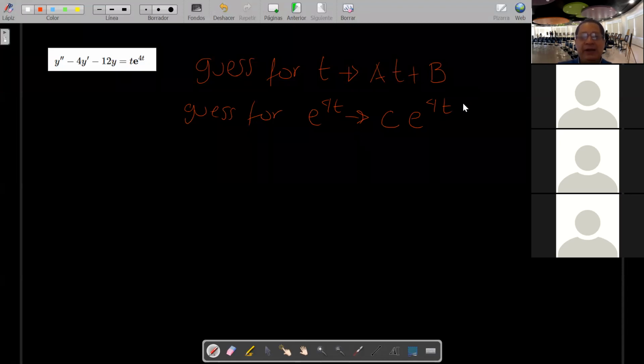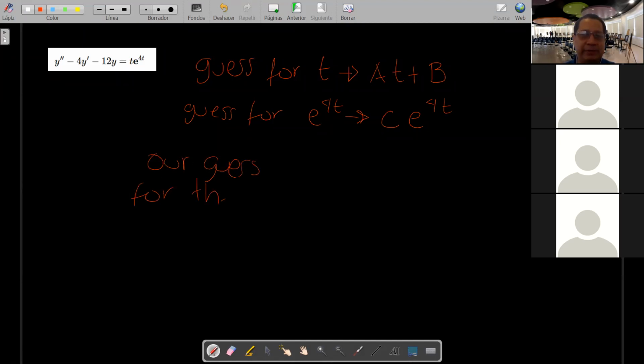So if we have a product of these two basic functions, we might think that the best guess we can do is a product of our guesses, right? So our guess for the product could be the product itself, right?